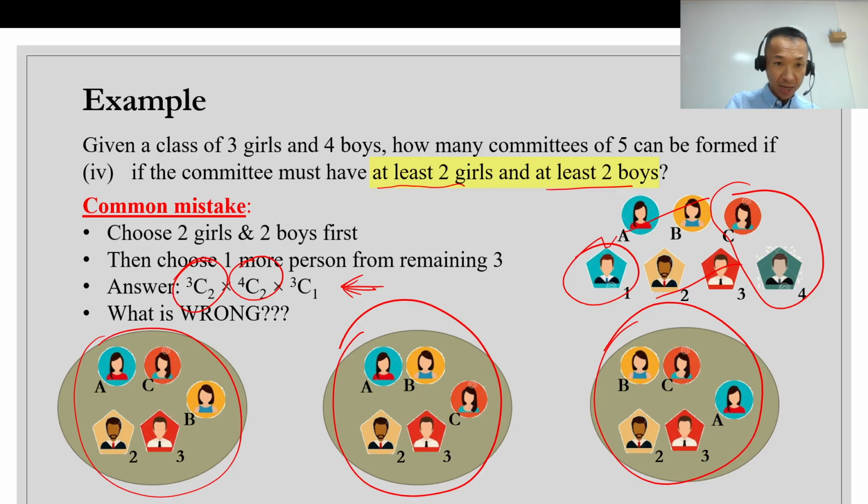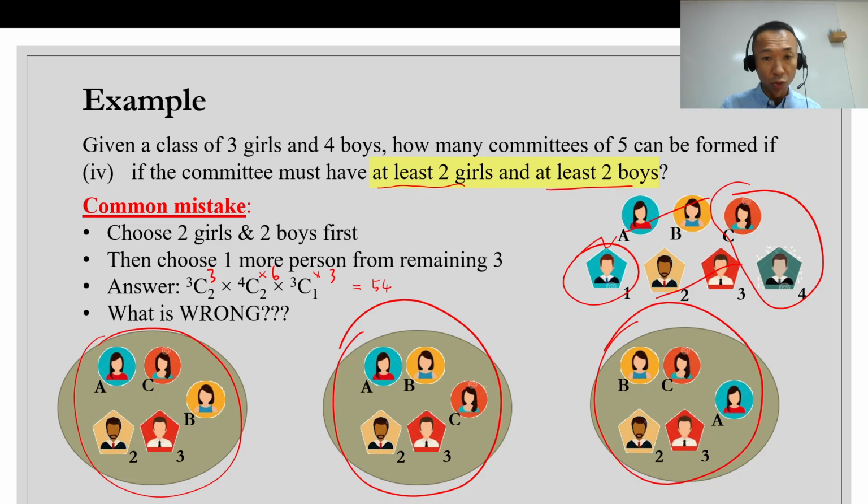Because this is 3 times 6 times 3, correct? Which is actually 54. When in actual fact, the answer is 18.